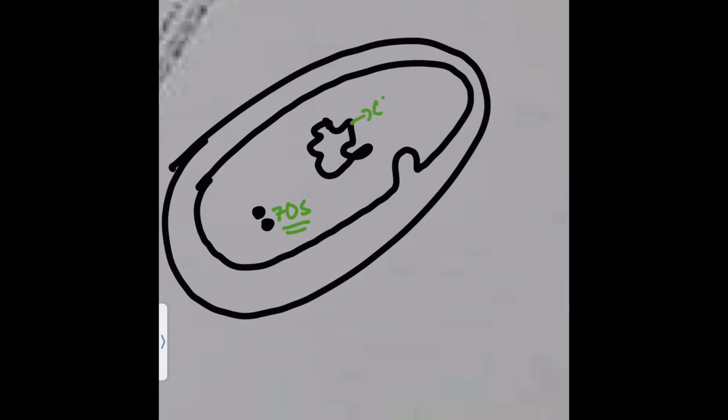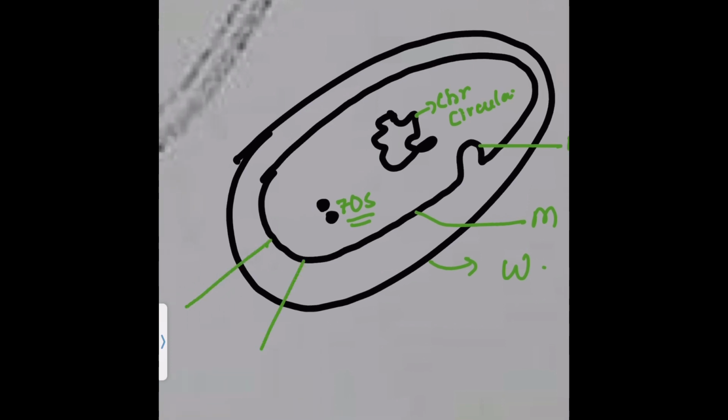This is the chromatin, which is circular, as you can see. This is the mesosome. And additional structures like villi can be present, and flagella can also be present.